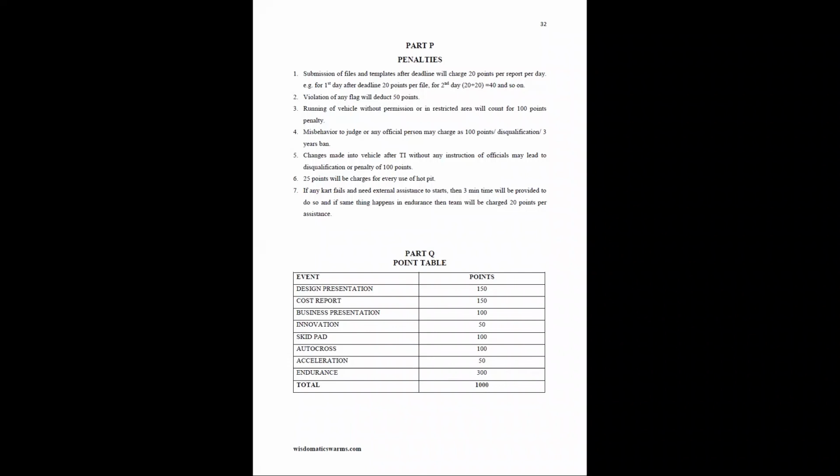If you have made any change after your TI and have not re-verified it with the technical persons, you will be disqualified or charged with a penalty of 100 points. Each and every time you go to hot pit, minus 25 points will be credited to your account.